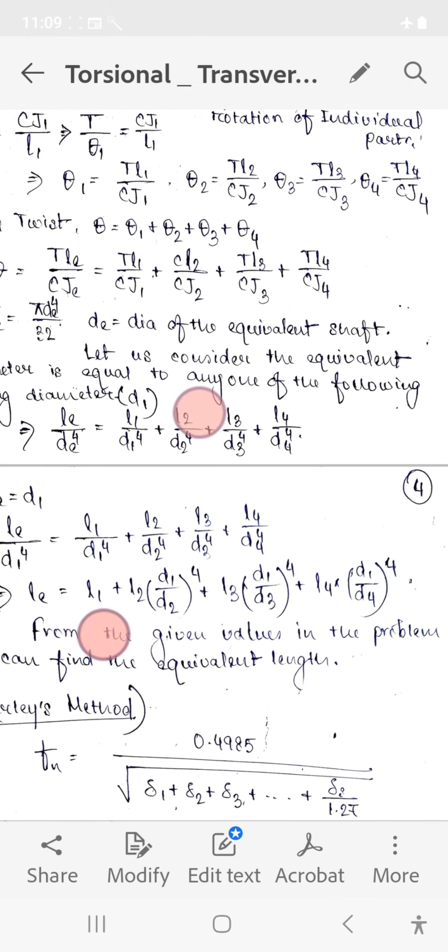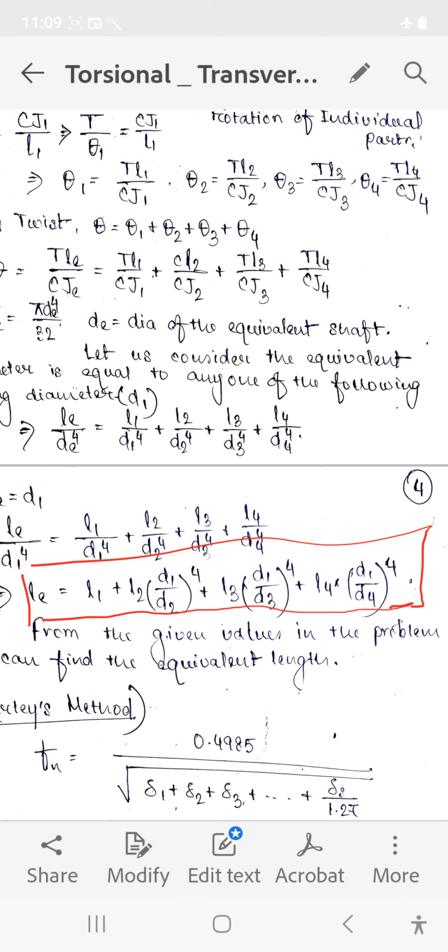And this is a very important expression, which is giving you the length of the equivalent shaft.